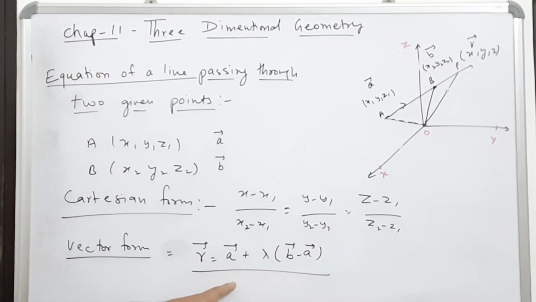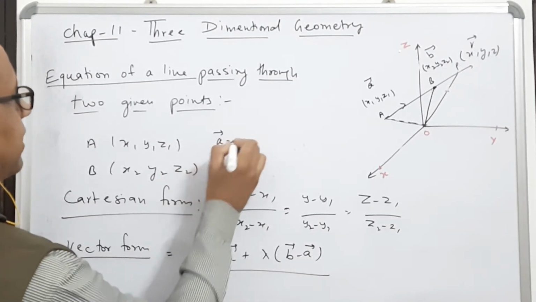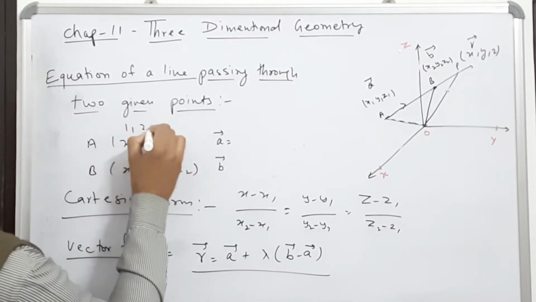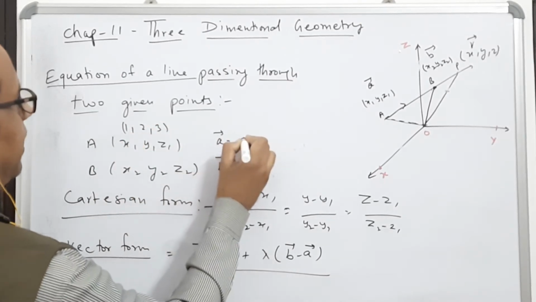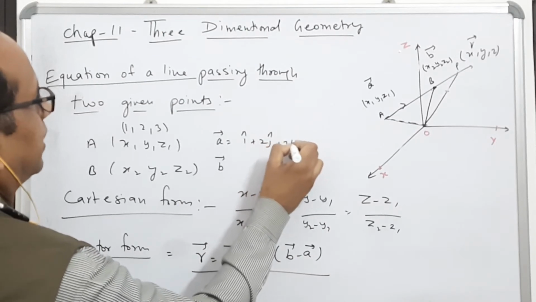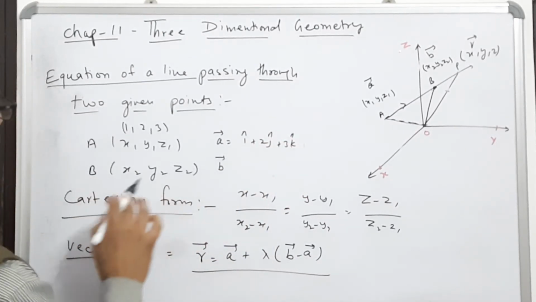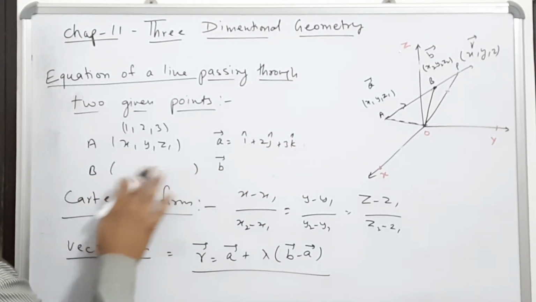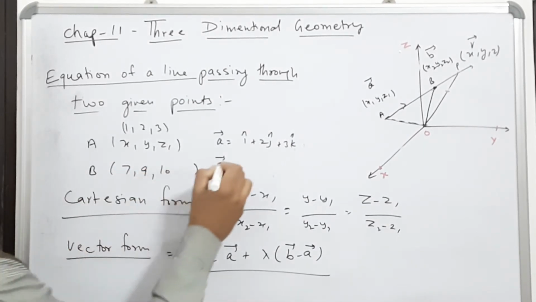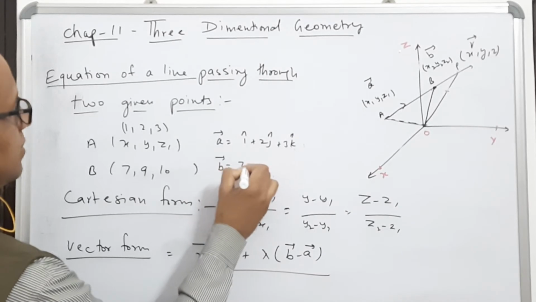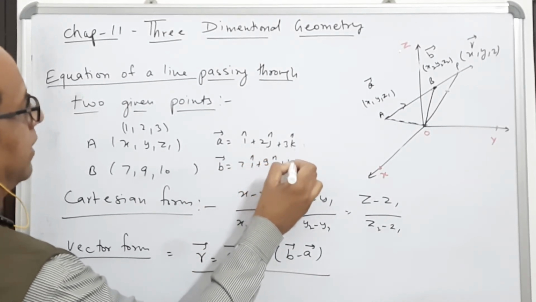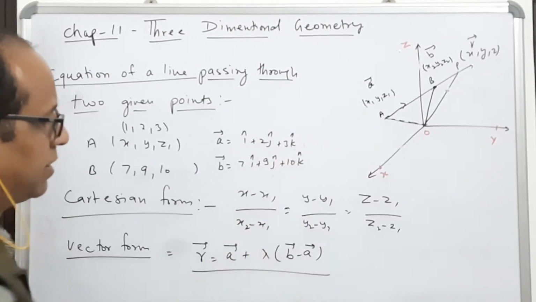Suppose I am taking an example here, 1, 2 and 3. Then the A vector will be i cap, 2j cap and 3k cap. And the second point is B, suppose 7, 9 and 10. Then the B vector will be 7i cap, 9j cap and 10k cap.